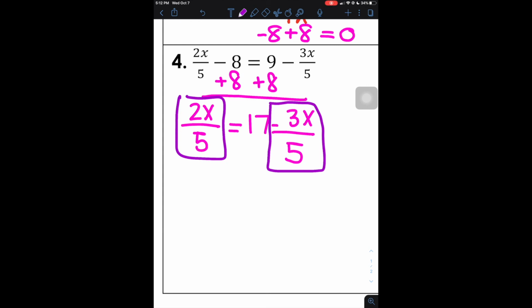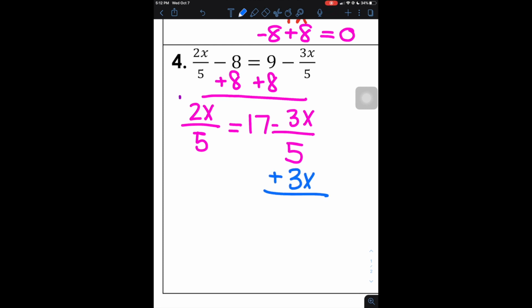So over here, I'm gonna erase the purple box. I see the operation going on right now is in fact subtraction. I see that it's a negative 3x over 5, so I'm going to do the opposite of that, which is a positive 3x over 5. And this is going to give me 0.